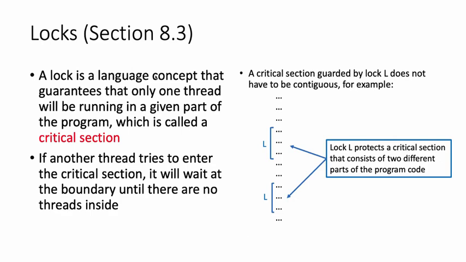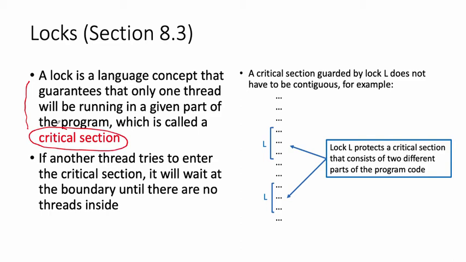So locks. A lock is a language concept. We add it to the language, and it guarantees that only one thread will be running in a given part of the program. This part of the program is called the lock's critical section. Okay, that's the terminology.